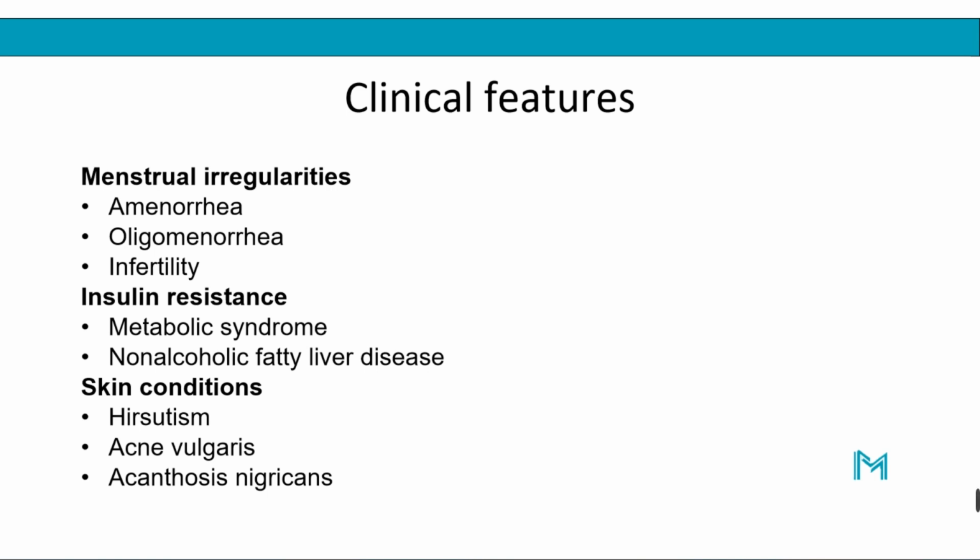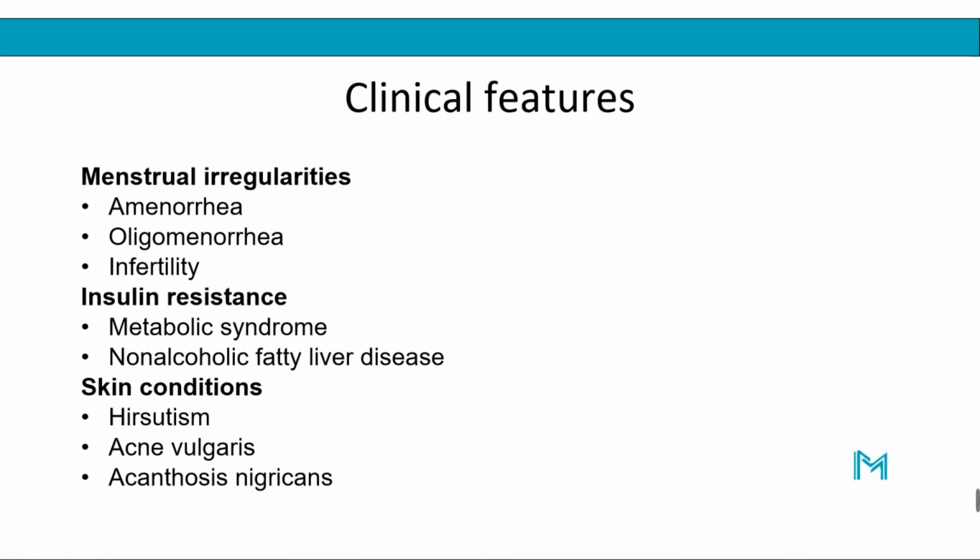This is not what is seen in alcoholic fatty liver disease. It's non-alcoholic, which is why it was called non-alcoholic initially. But there are other conditions that can cause that fatty deposit, like drugs or other injuries. So the current name is now metabolic dysfunction-associated steatotic liver disease. If you hear that, it is the same as non-alcoholic fatty liver disease. Those are also some of the clinical features you can see in patients with PCOS.